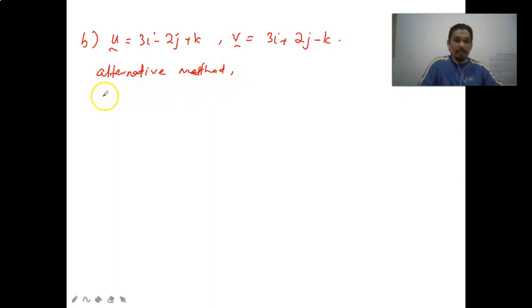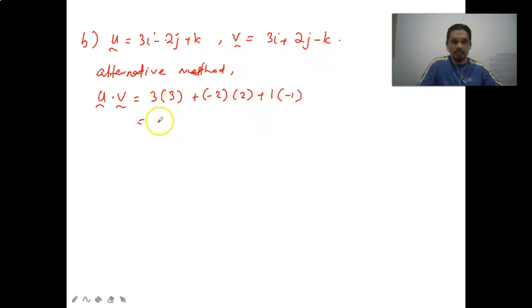Let's multiply U and V, which is equal to 3 times 3, plus negative 2 times 2, plus 1 times negative 1.